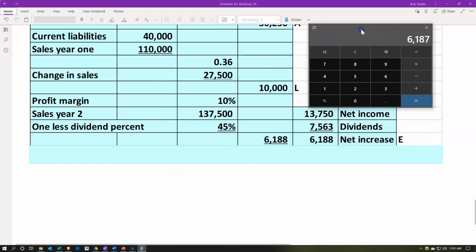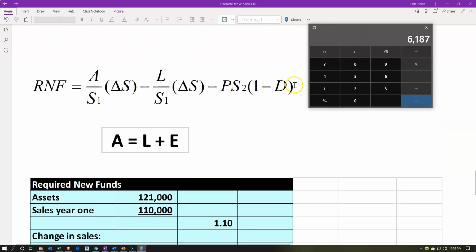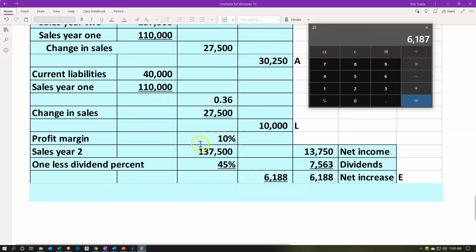And so how are we going to do that with a formula? Well, we can refine that down so that it fits in this nice little formula by saying, okay, we're just going to take the profit margin times the sales, which is the net income, and then multiply it not times the dividends that are going to go out, because then you've got to do a subtraction here. We're going to multiply it times the dividends that didn't go out, 1 minus the 55%, meaning the amount that we kept in income.